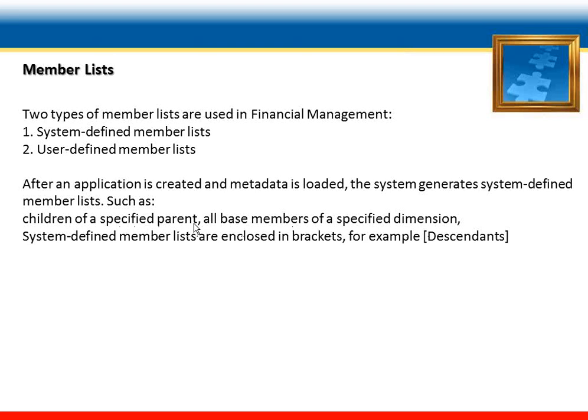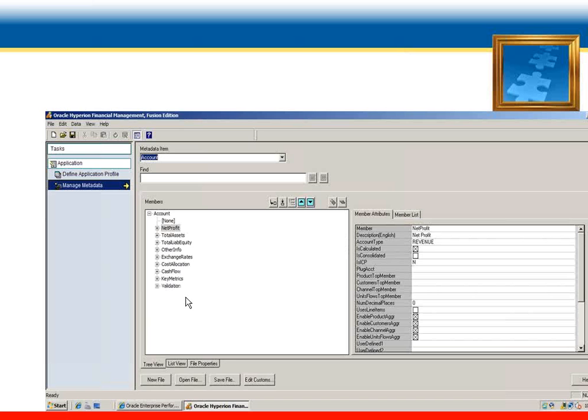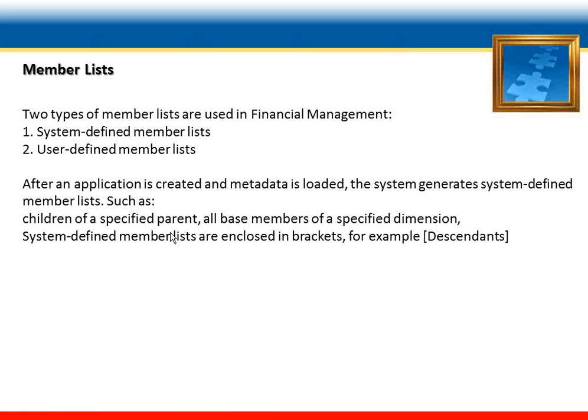Children, in the sense, as we see in the previous slide, net profit. Let's take an example of this. In net profit there are children also, like expense, revenues. Net profit is a child of account and account is the parent of it. And if we consider revenues and expenses, net profit is the parent and revenues and expenses are children of net profit.